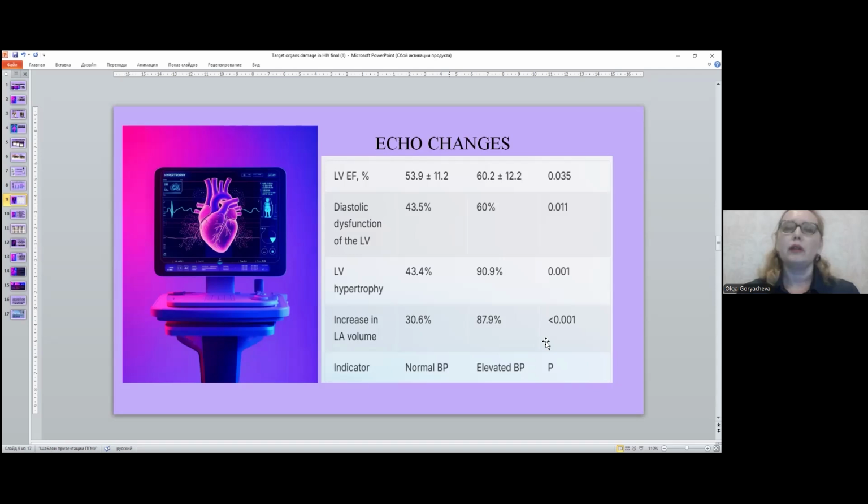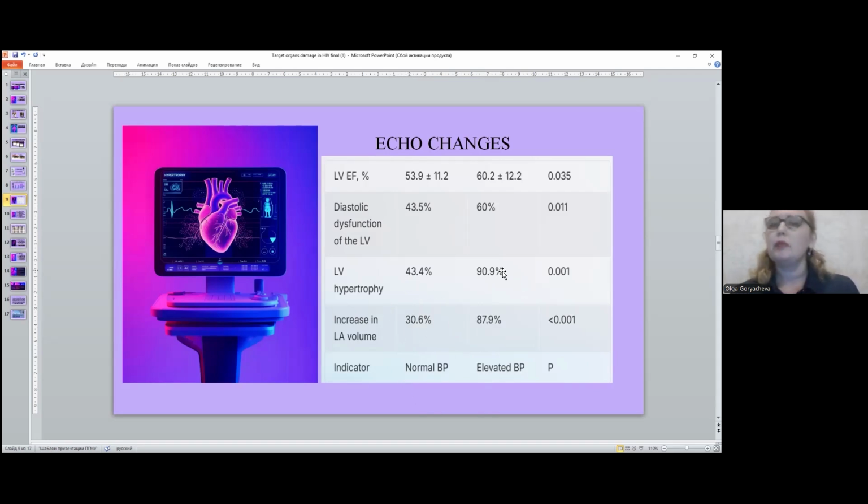For example, in patients with elevated BP, in 87.9%, almost 88%, there was an increased left atrium volume. It is very intensive, and differs significantly from patients with normal BP.